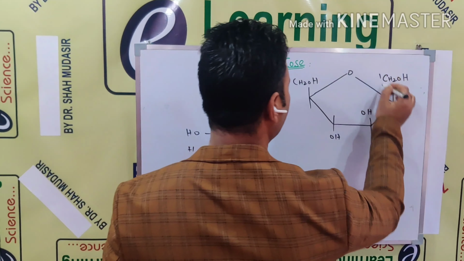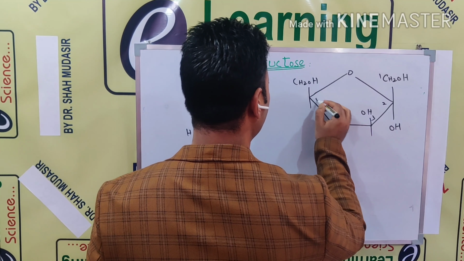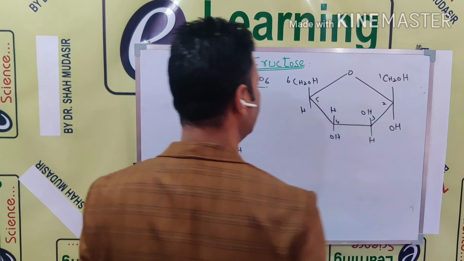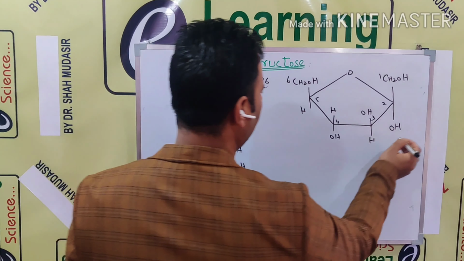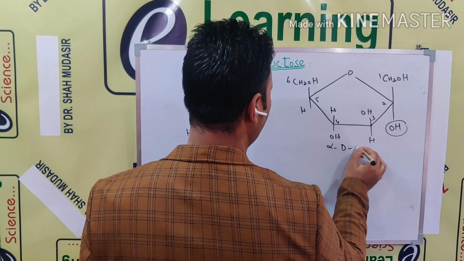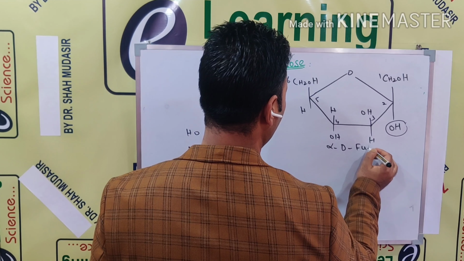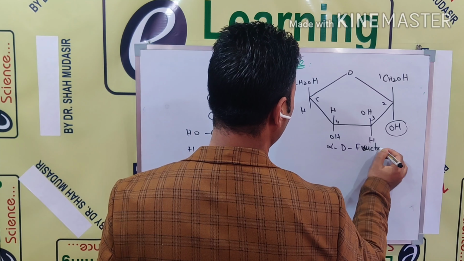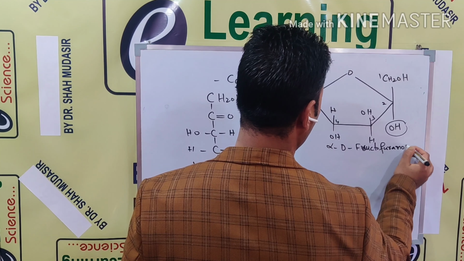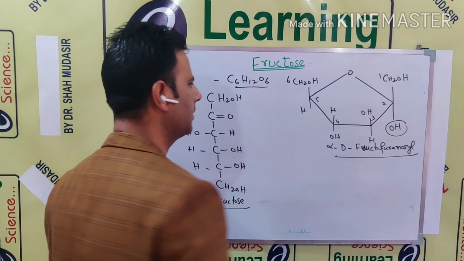It is 1, 2, 3, 4, 5, and 6. And the rest of the places it is H. Whether this is alpha or beta, we have to see the position of the OH group. This is alpha D fructofuranoside. This is the structure of fructose.